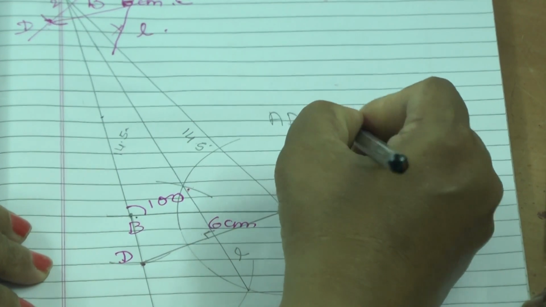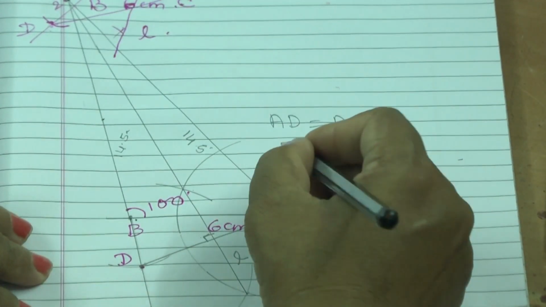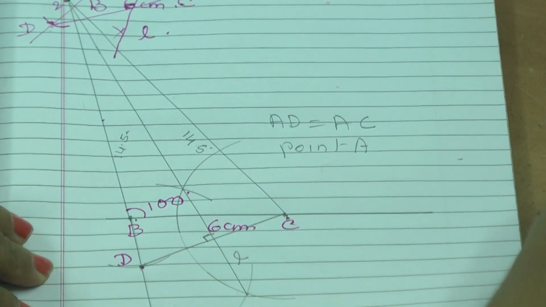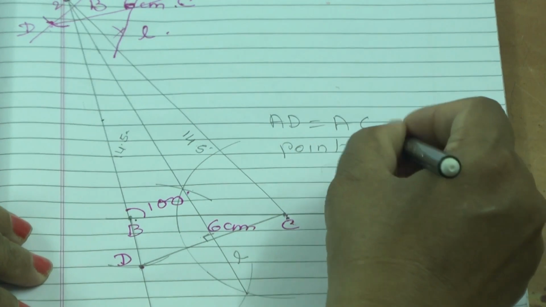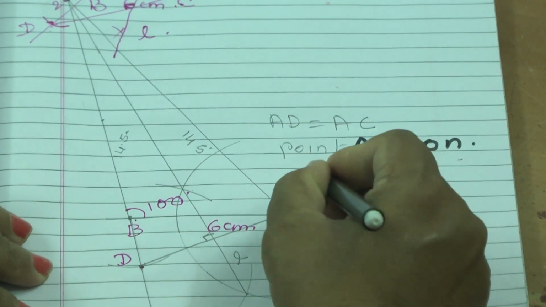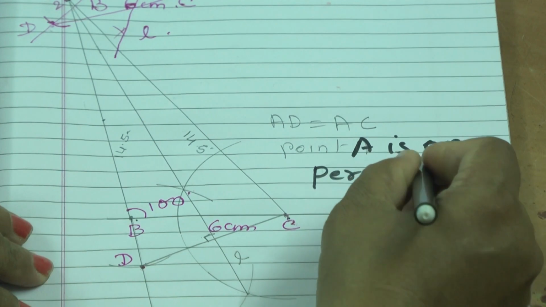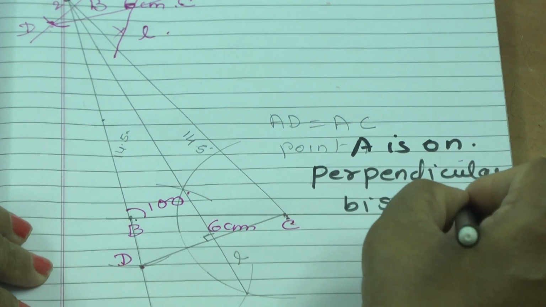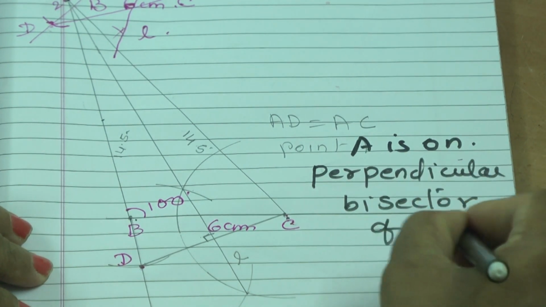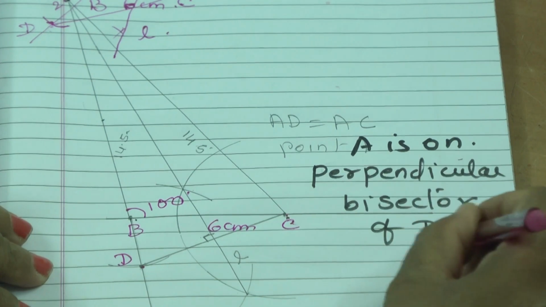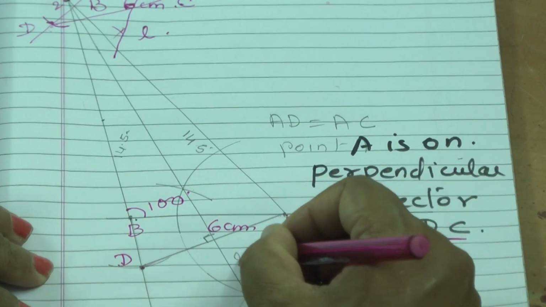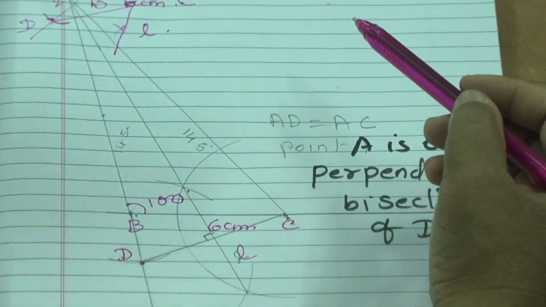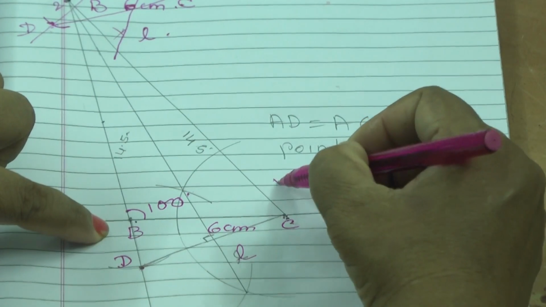Because point A is on the perpendicular bisector of DC. This is the line DC and line L is the perpendicular bisector. So triangle ABC is the required triangle.